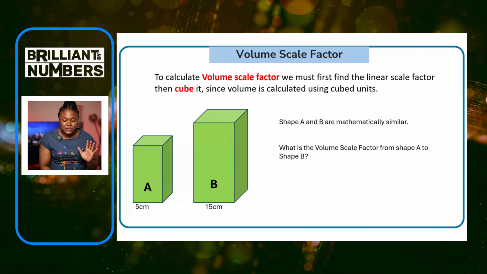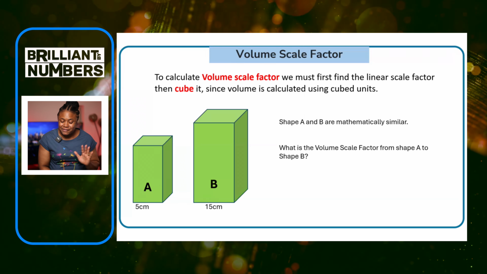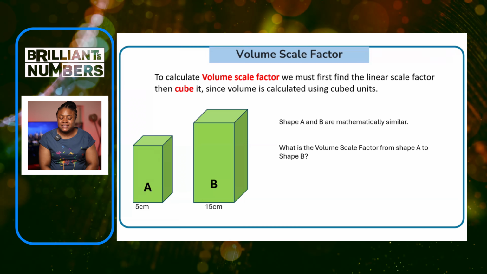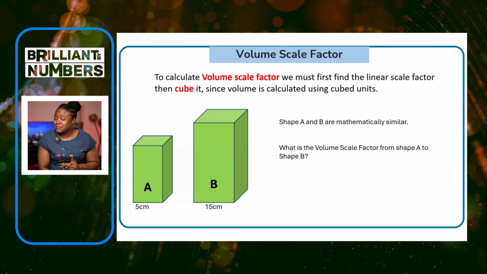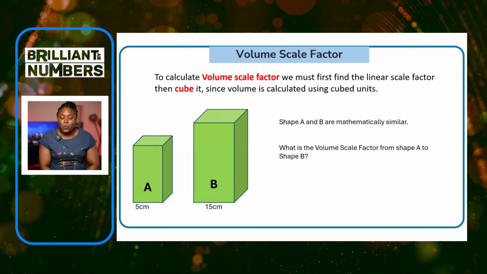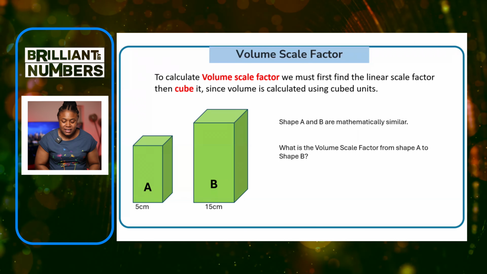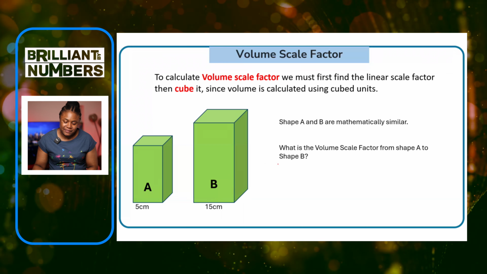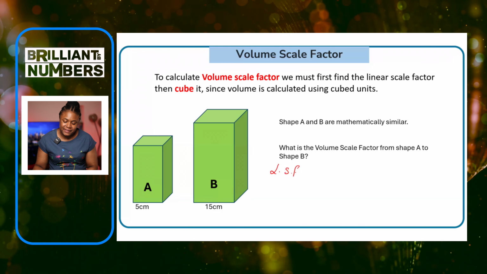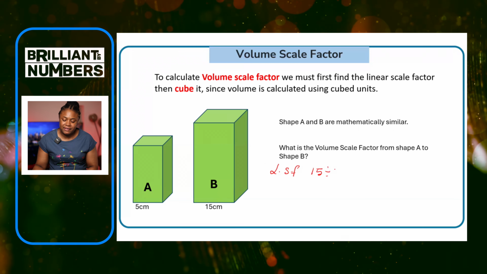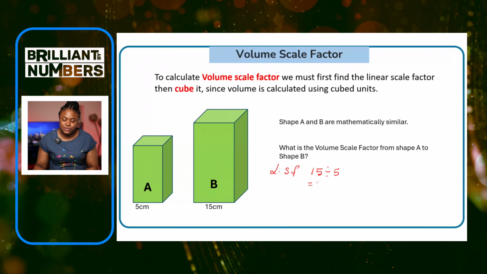So we're given two shapes here, A and B, 5 and 15 centimeters respectively. Shape A and B are mathematically similar. What is the volume scale factor from A to B? So first of all, I need to find my linear scale factor. By that, I'm going to do 15 divided by 5. 15 divided by 5 is equal to 3.